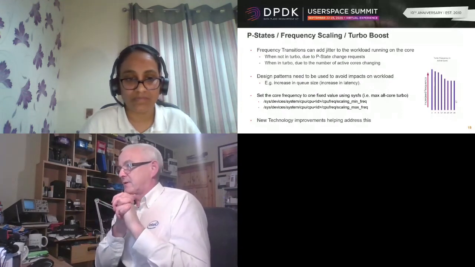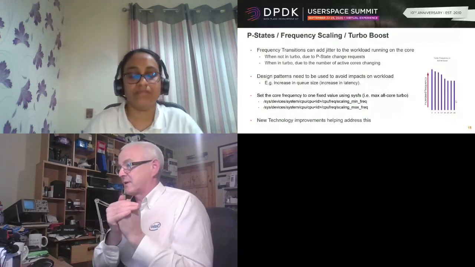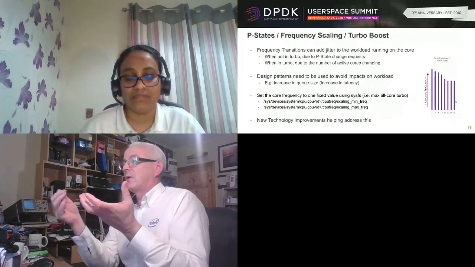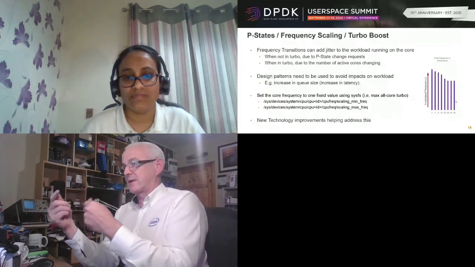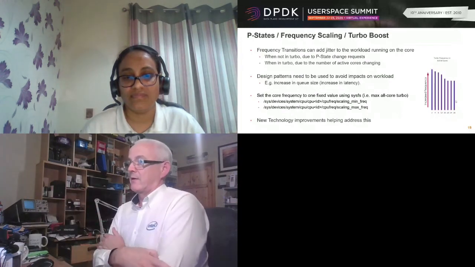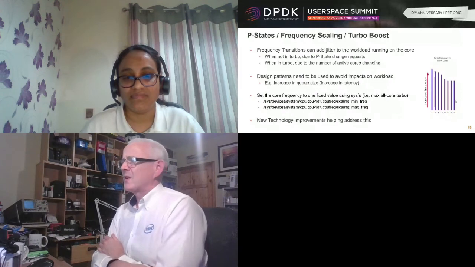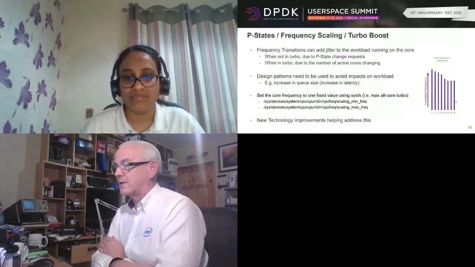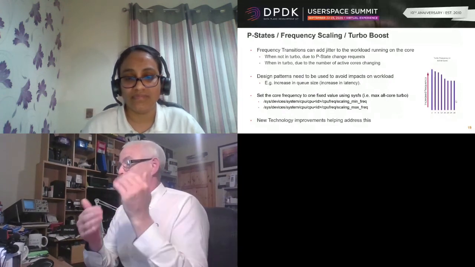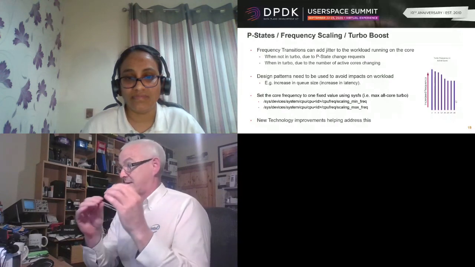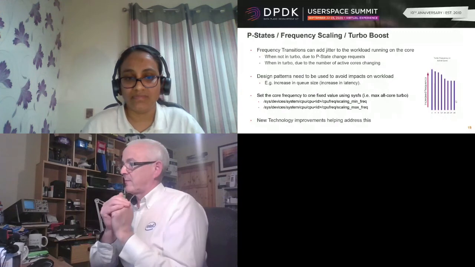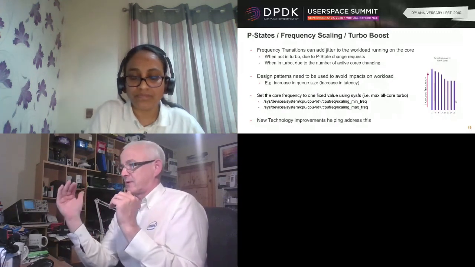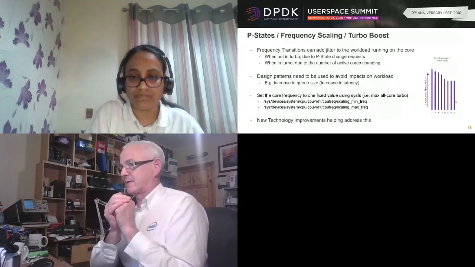For example, increase the queue size to allow more packets to come in while your core is transitioning frequency, and then it picks up what's in the queue. You can also set the core frequency to one fixed value. Say, set the min and max frequency of a core to be the same, say all-core turbo. Then it won't turbo up above that, so when more cores become active, it still stays at the same frequency.